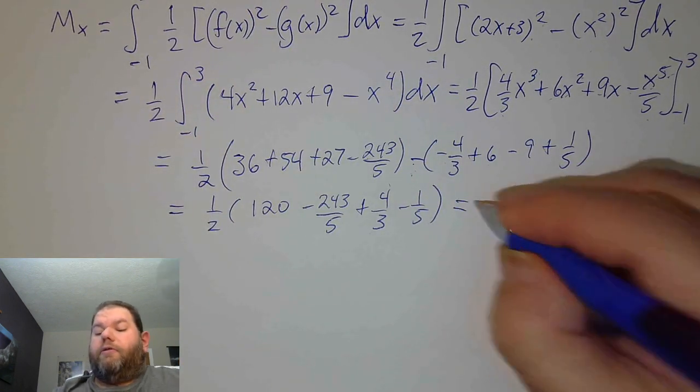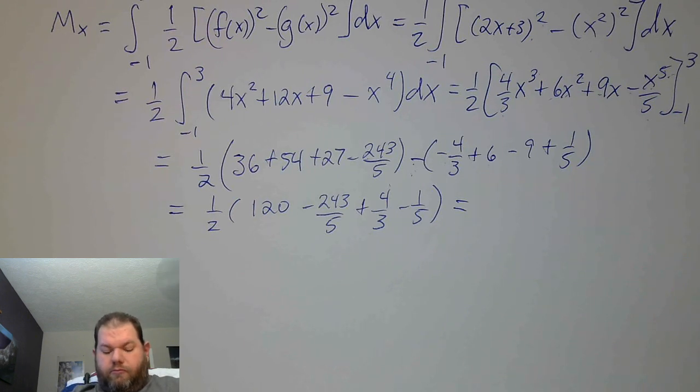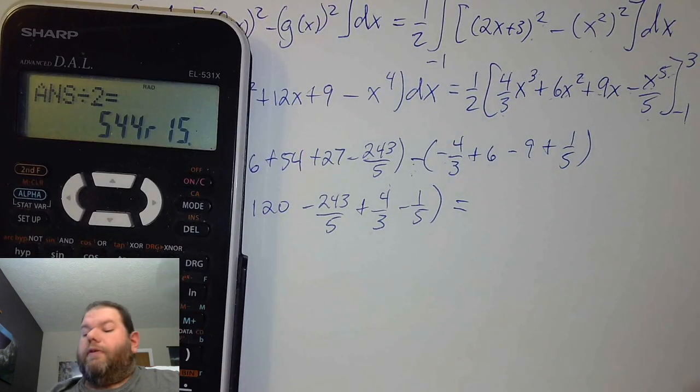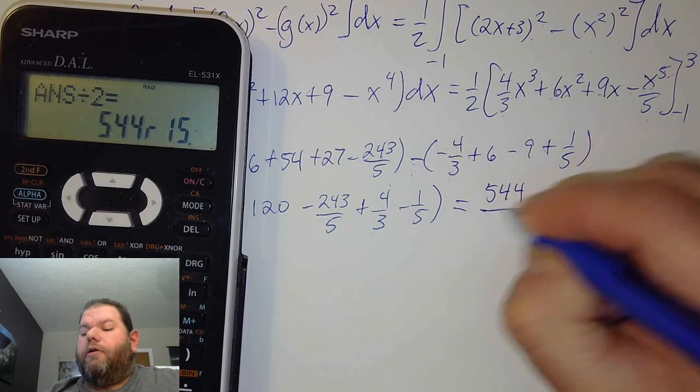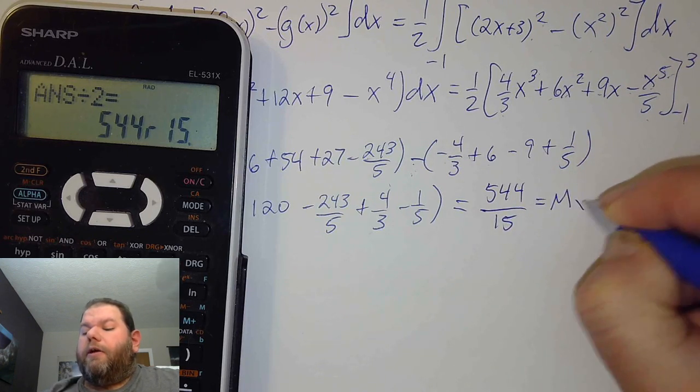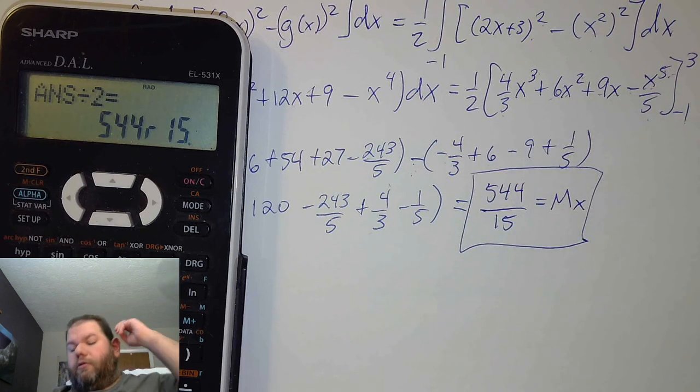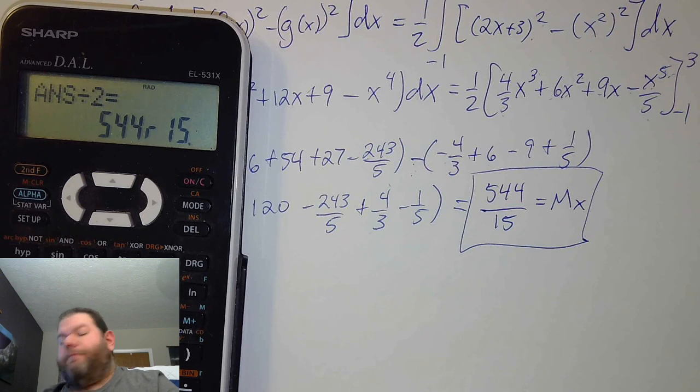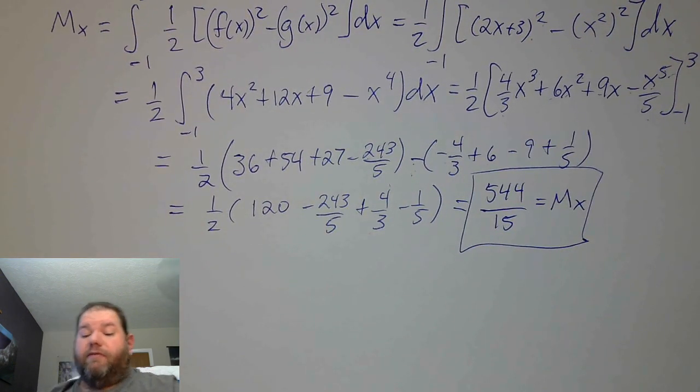So putting that all together, and then dividing by 2, gives us that result. 544 over 15 is equal to mx. Didn't say it was going to be pretty, unfortunately.